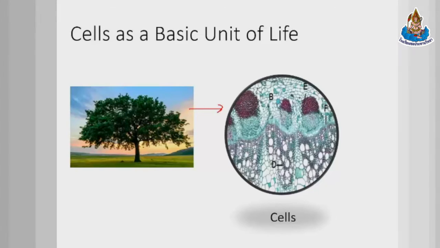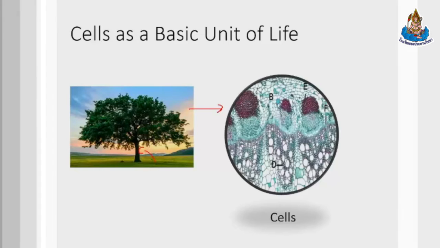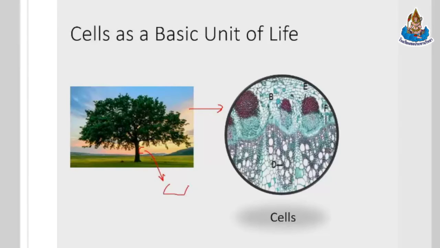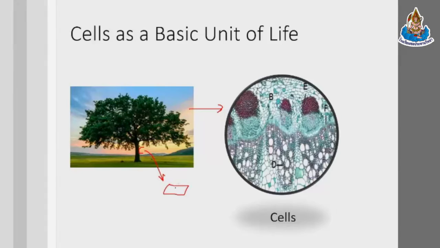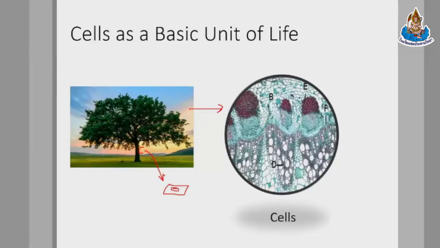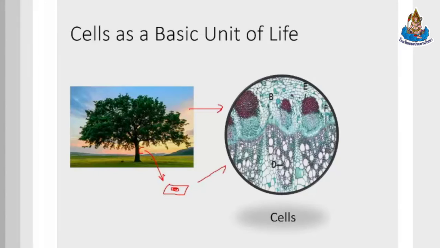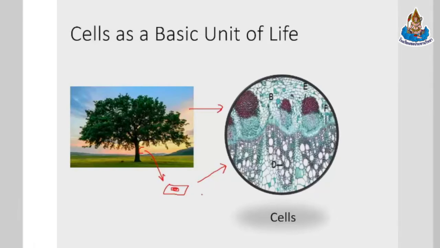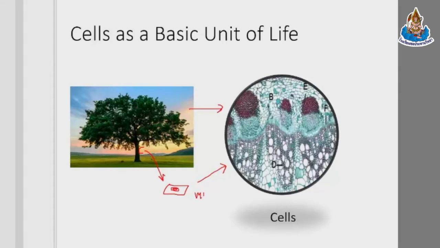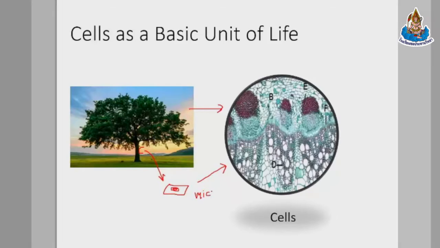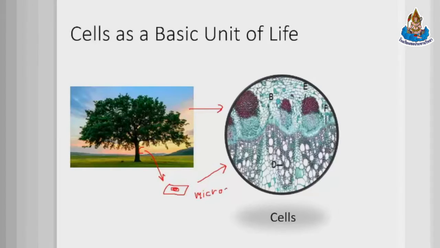First, we need to cut some part of them into a very thin slice, and we look under a special tool called a microscope that we will learn about in the laboratory at school.